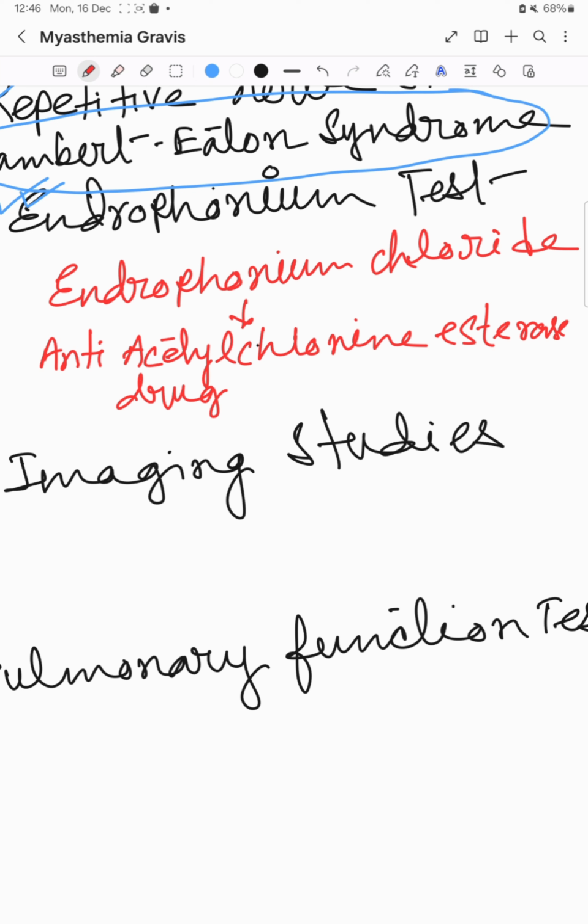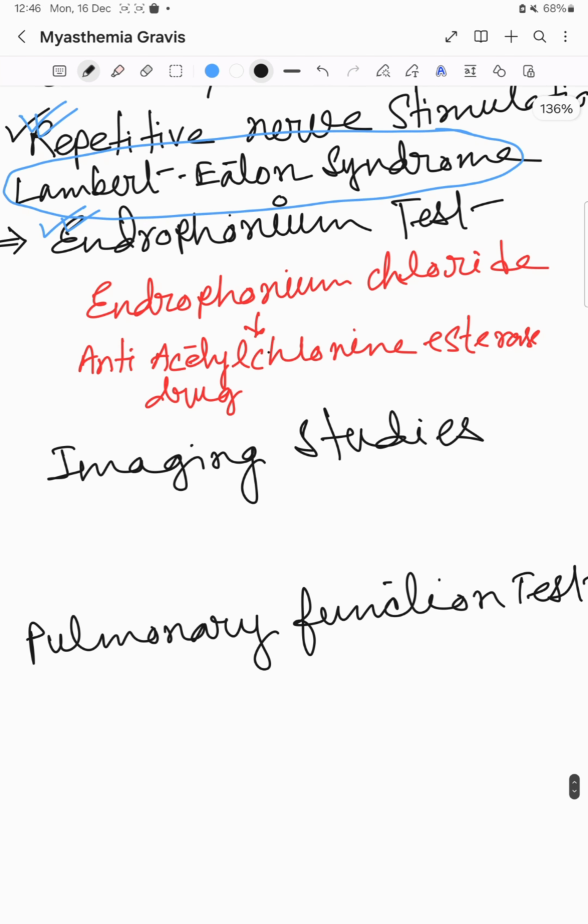So what we do, we use the anti-acetylcholinesterase drug that comes and disables the acetylcholinesterase, so that it cannot remove the acetylcholine molecule from the synaptic cleft. This is the medication that we can use, but it's very rarely used.